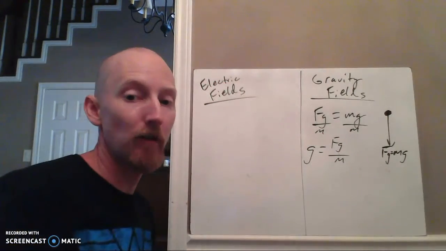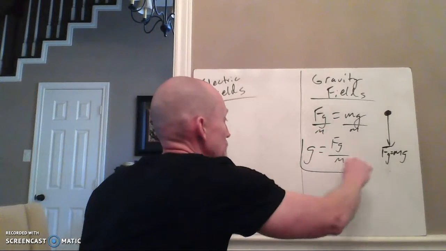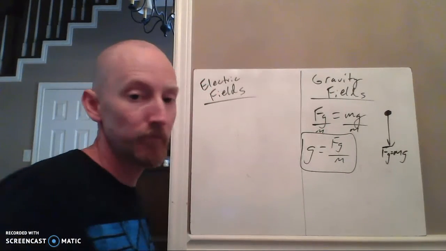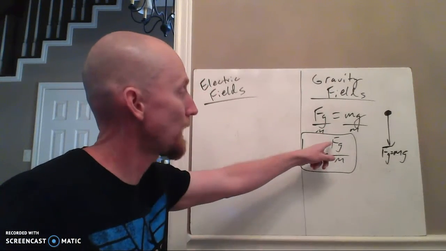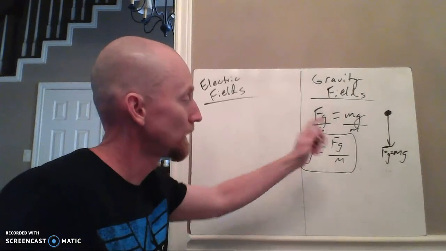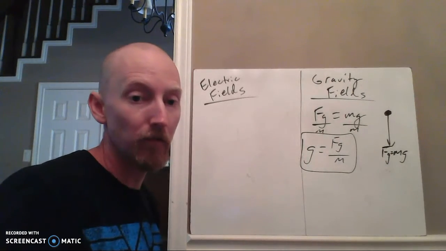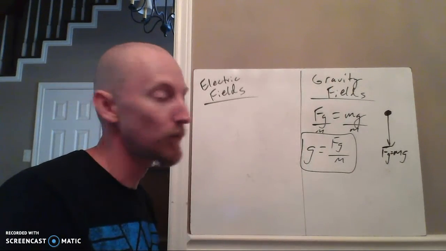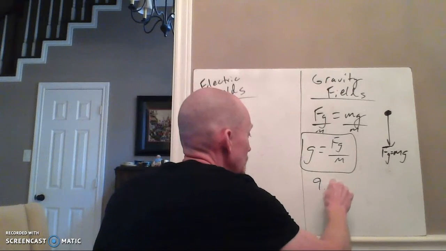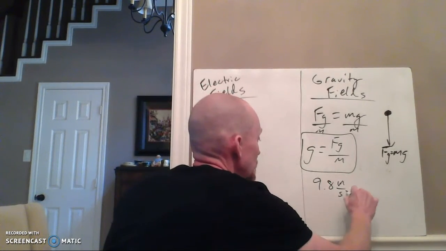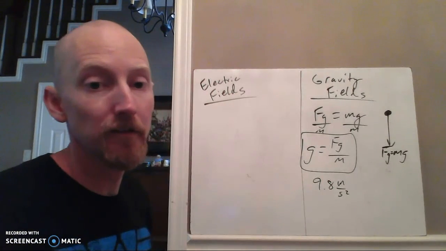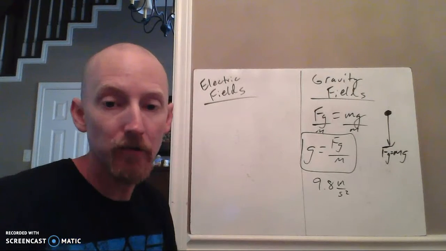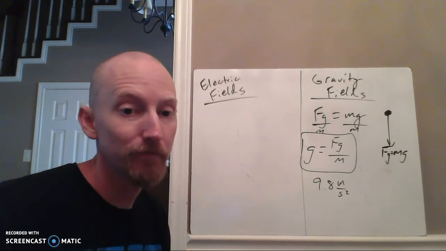This is our gravitational field strength equation right here. You take the force of gravity between two things and divide by the mass of that thing, and you get what g is. Now we know what g is here on Earth: 9.8 meters per second squared. It's an acceleration.